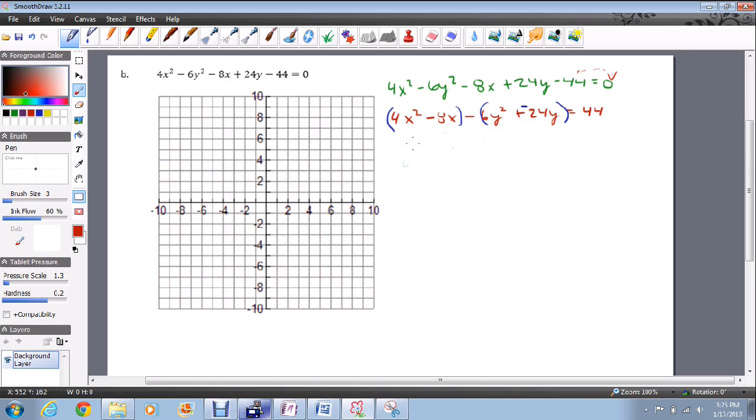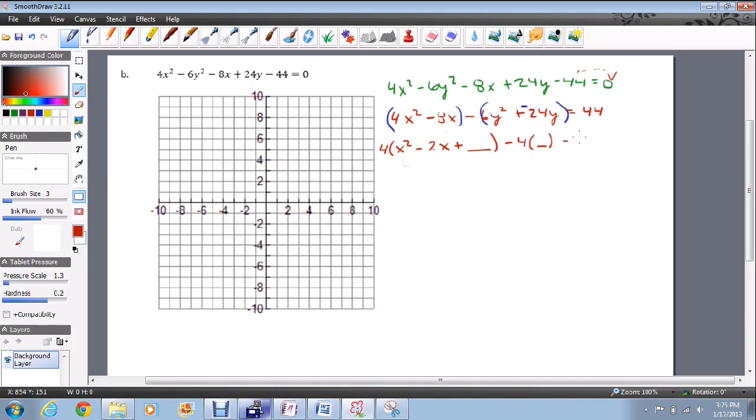So again, I'm going to factor out the coefficient for each square term. So this would be 4 times (x squared minus 2x plus whatever it takes to complete the square), minus whatever we added in here. But since what we're adding in there is really being multiplied by 4, we have to multiply the blank by 4.